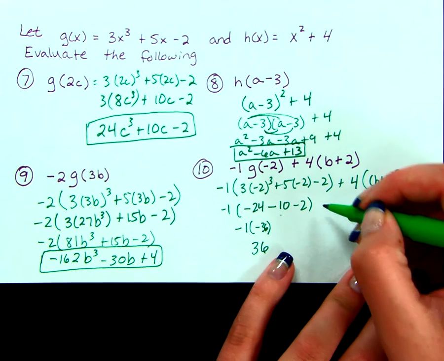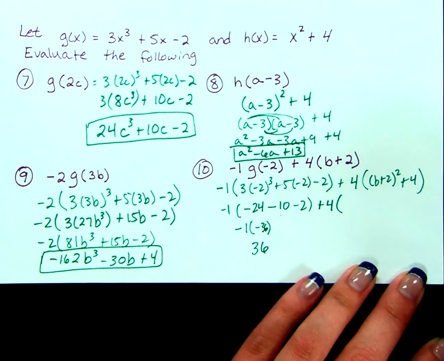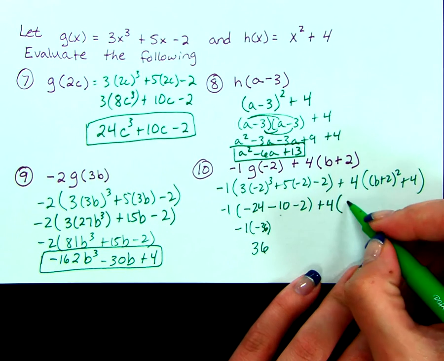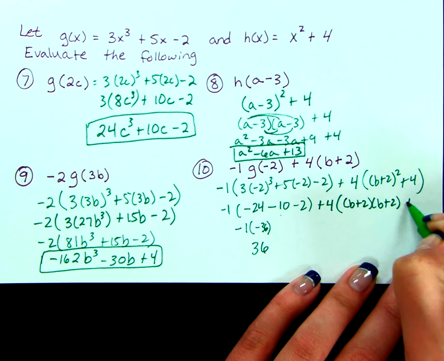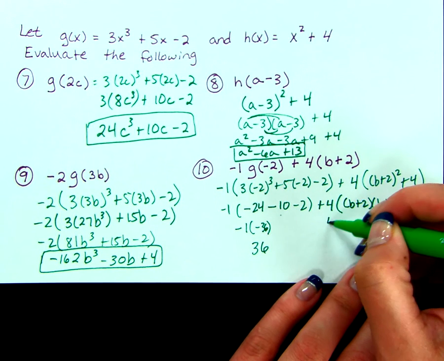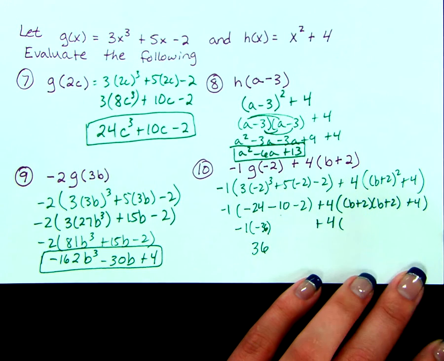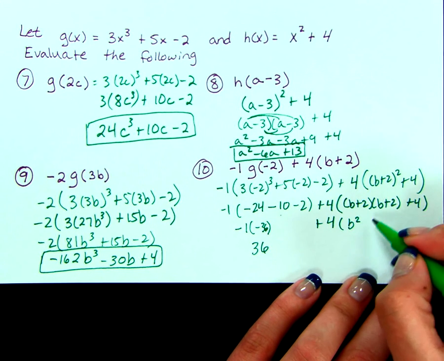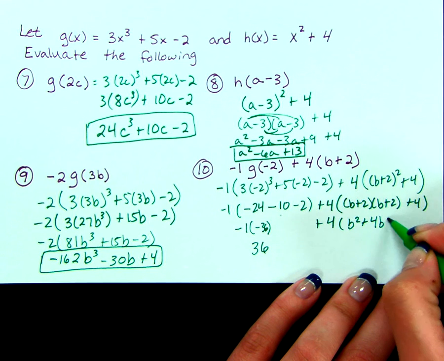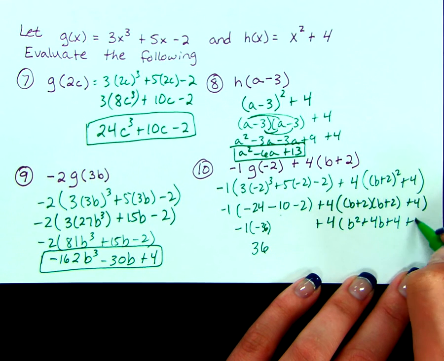Okay. So again, this will be plus 4 times, and then here I have to FOIL. So we have b plus 2 times itself. So if we start simplifying, inside we'll have b squared plus 4b plus 4, and then plus the second 4.